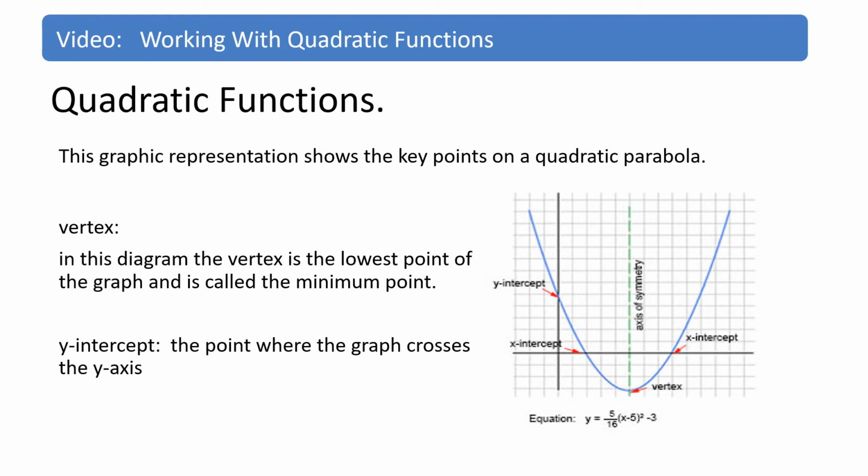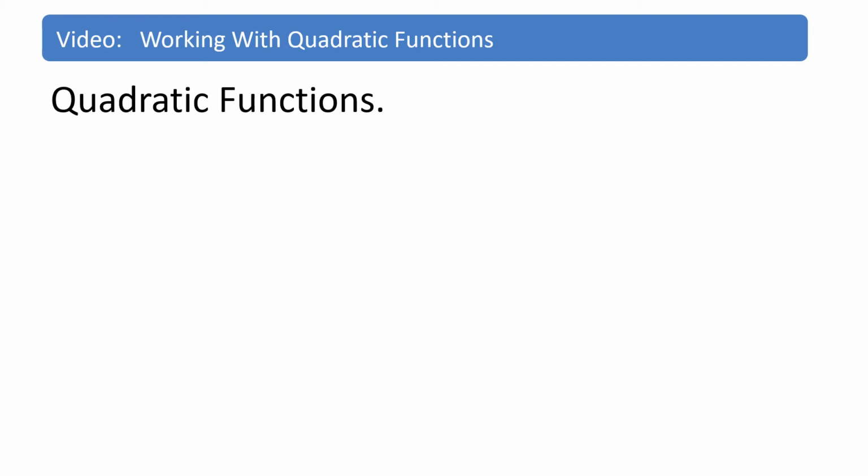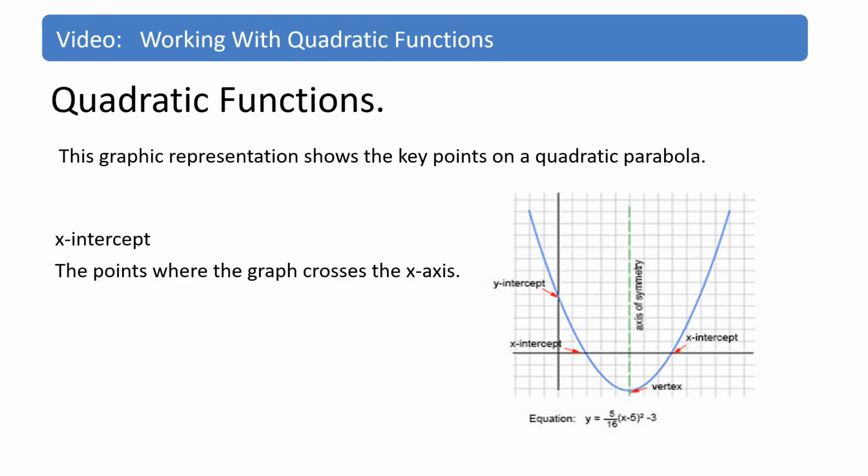The y-intercept is the point where the graph crosses the y-axis. The x-intercepts are the points, notice there are 2, where the graph crosses the x-axis.